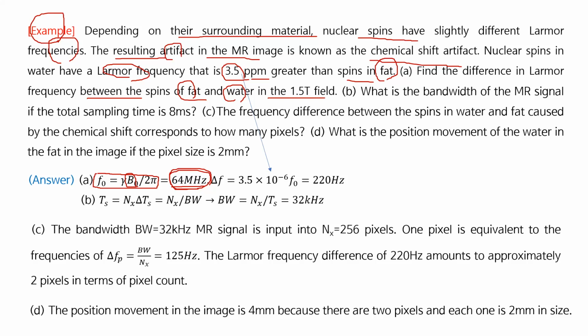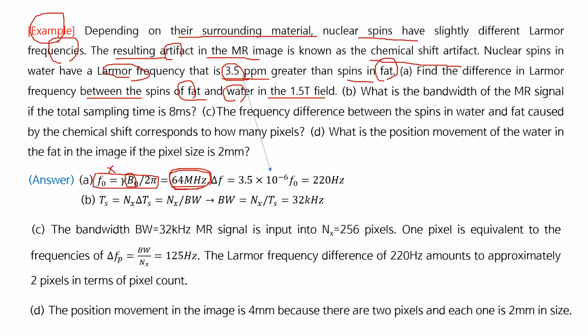And the Larmor frequency difference between the spins in water and the fat is about 3.5 ppm. So we can get the Larmor frequency difference by multiplying 3.5 ppm to this Larmor frequency.